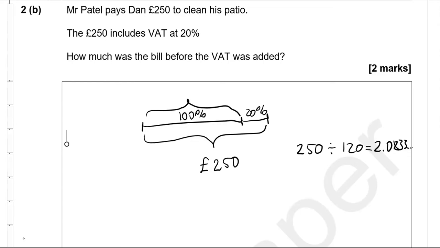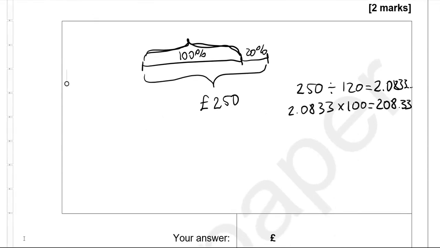We're going to multiply this by 100 now, so it gives us the 100% amount, which is what we are after. So 2.0833 times 100 is going to give us 208.33, rounding it to two decimal places.